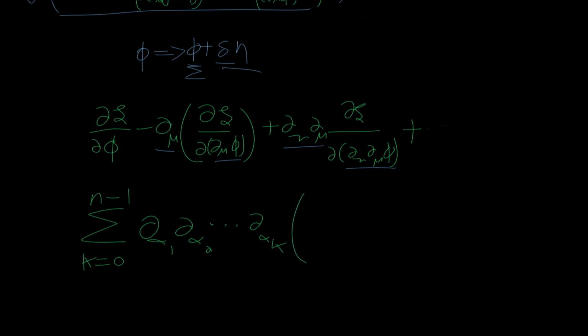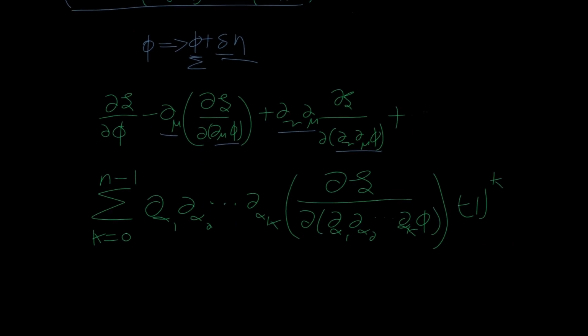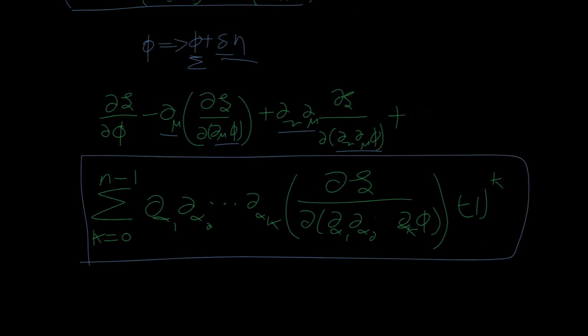Those derivatives are acting upon the partial derivative of our Lagrangian, and that's being differentiated with respect to what we wrote up front: partial alpha 1, partial alpha 2, dot, dot, dot, all the way up to partial alpha k of our field right here. Then we throw in our negative 1 to the k term out in front, because that comes with our integration by parts. And these right here are the generalized Euler-Lagrange equations for fields.